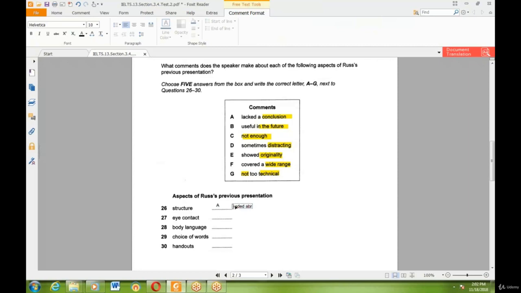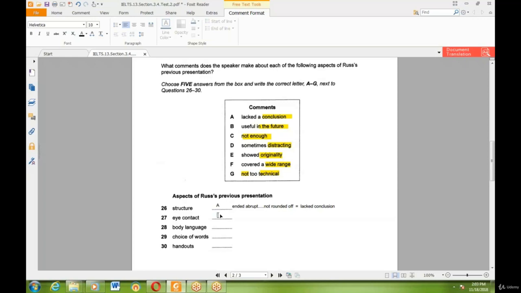Ended abruptly, not rounded off. What's synonym language for that? Lacks a conclusion. Right? That's the way it works. Equals. That's what they're doing here. They're asking you to match synonym language.